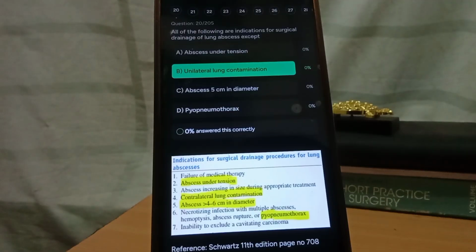Indications for surgical drainage procedure for lung abscess include failure of medical therapy, abscess under tension, abscess increasing in size during appropriate treatment, contralateral lung contamination, abscess more than 4 to 6 cm in diameter, necrotizing infection with multiple abscesses, hemoptysis, abscess rupture or pneumothorax, and inability to exclude a cavitating carcinoma.